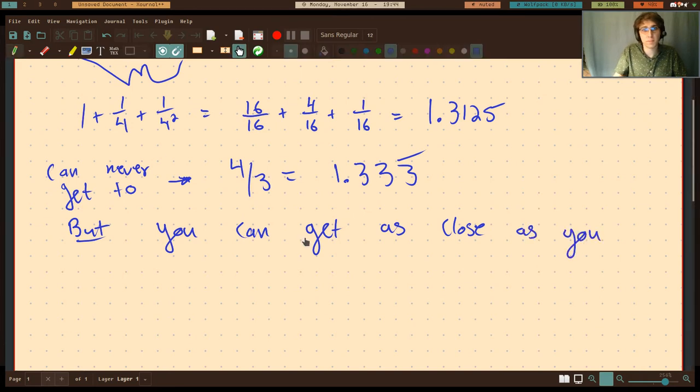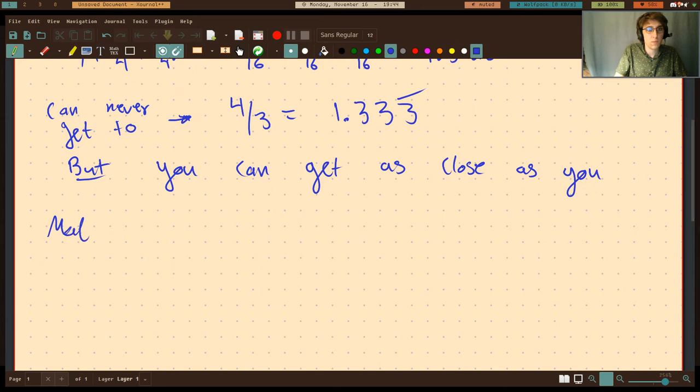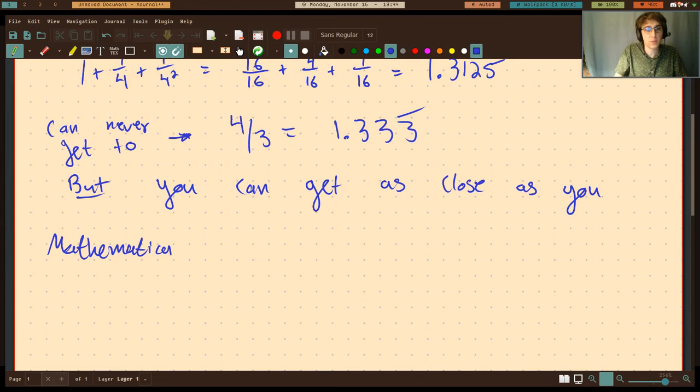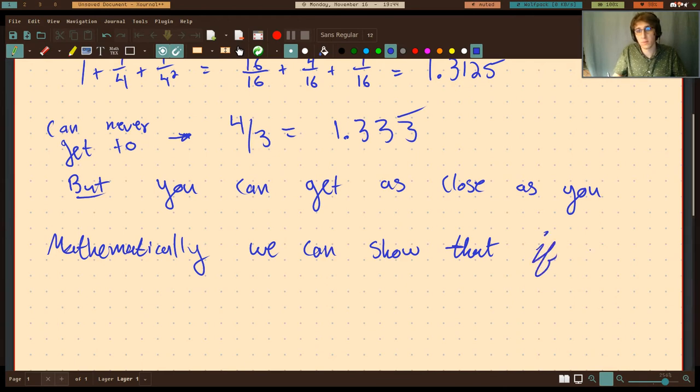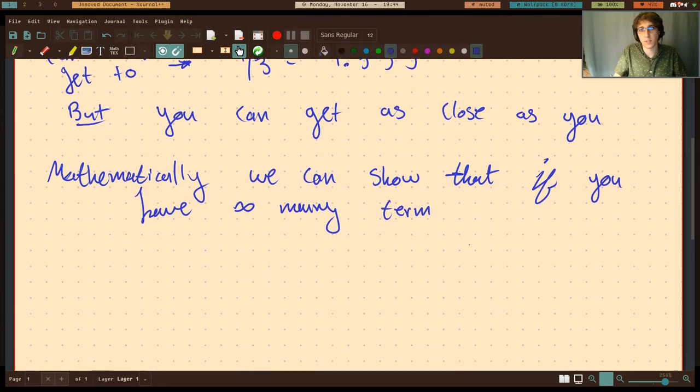But mathematically we can show, even if in the real world we can't show this, mathematically we can show that if you have infinitely many terms, the series is exactly 4/3.